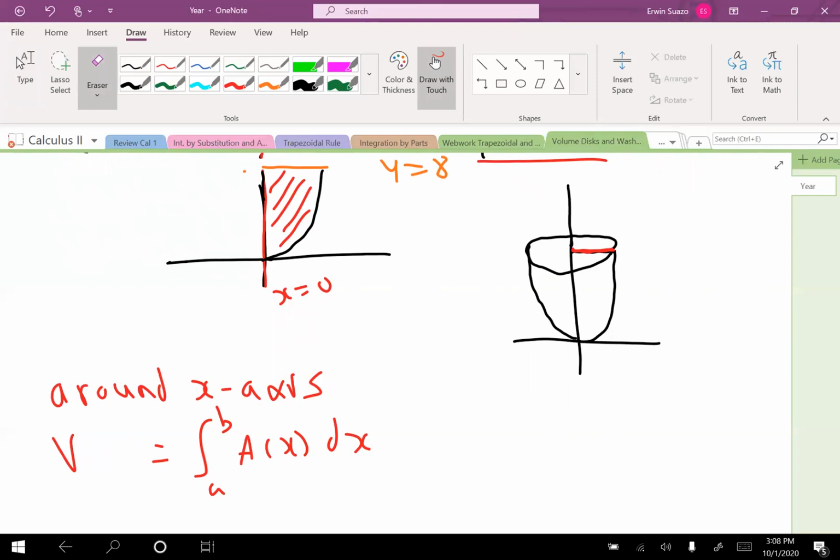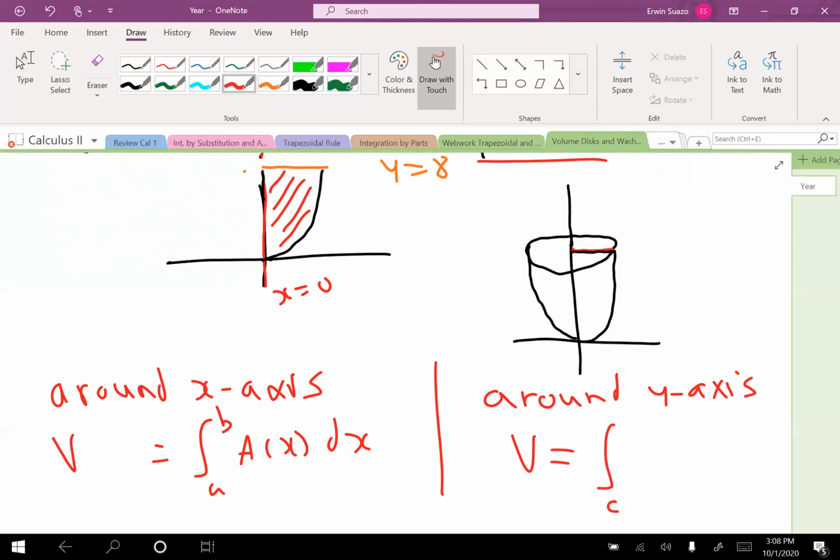So now, around the y-axis, we get the volume as the integral between, let's say, c and d of A of y dy. It's basically the same argument, but instead of x, we are rotating around the y-axis. So we don't have to do the whole analysis again.